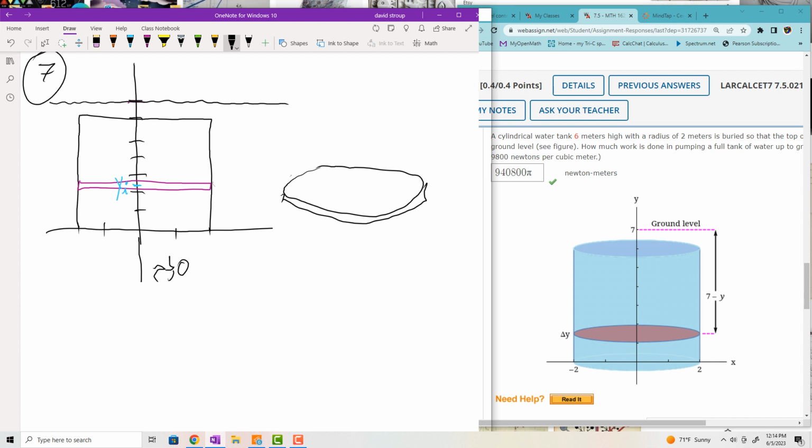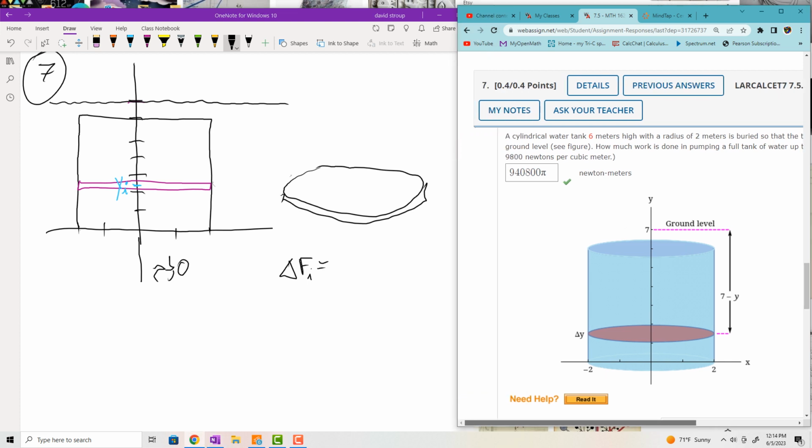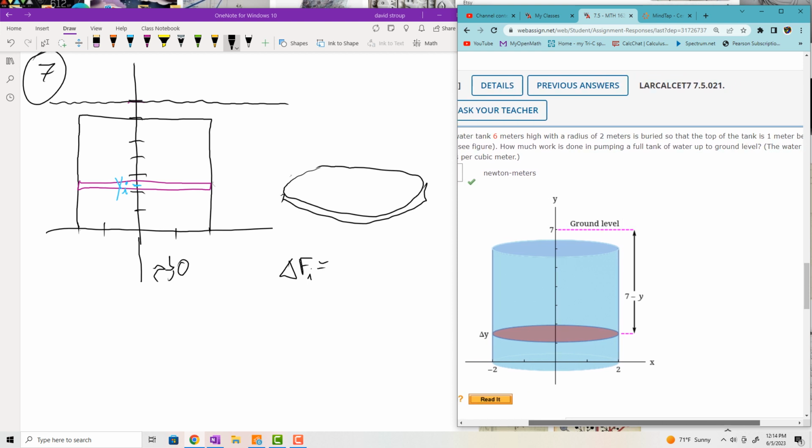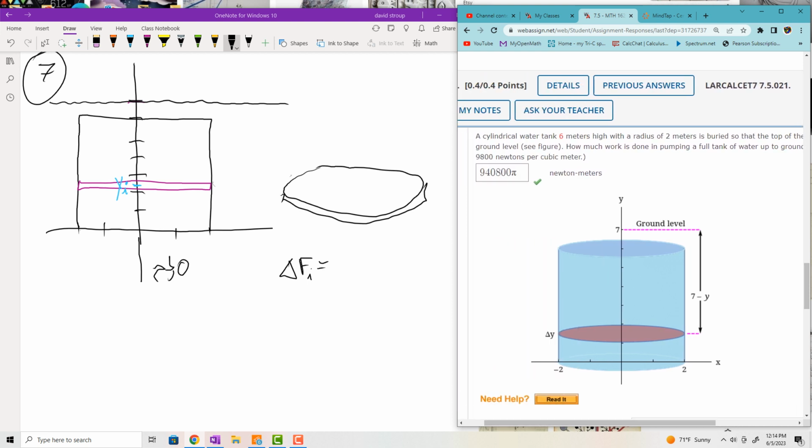Okay. So first off, there's a force involved. How much force is required to move that disk? What is the weight of that disk? And there's 2 parts to that. There's what's called the weight of just a cubic meter of that fluid, and this fluid here is water.